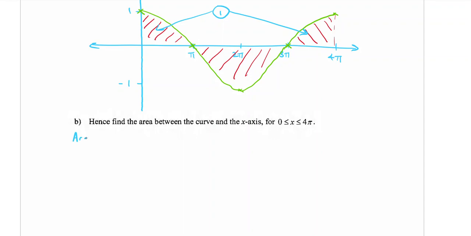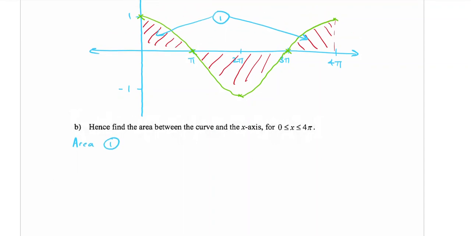So area 1. To integrate, I'll say area equals, I'm going to integrate this first one between 0 and pi and times it by 2. I'm just going to double it because that one's the same size. So 2 lots of the integral between 0 and pi, and my equation is cos of half x dx.